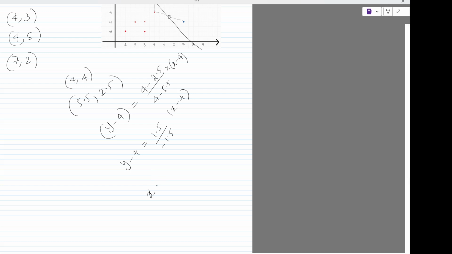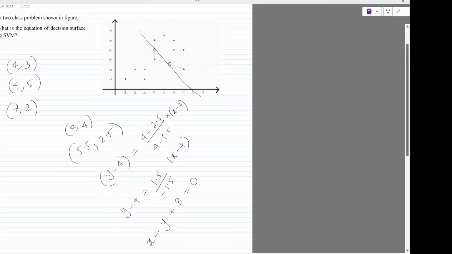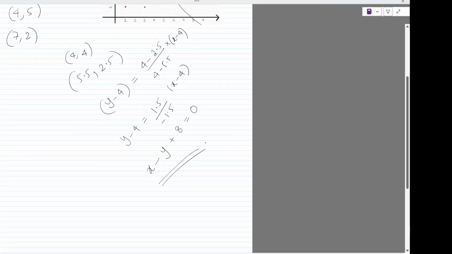So what I have is x minus y plus 8 equal to 0, right? This is the line.